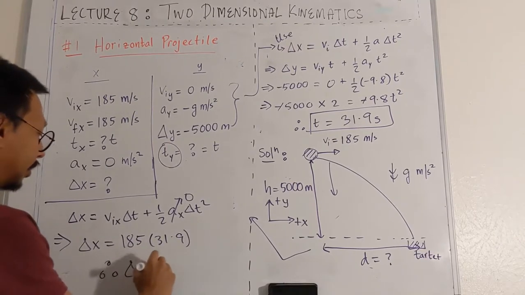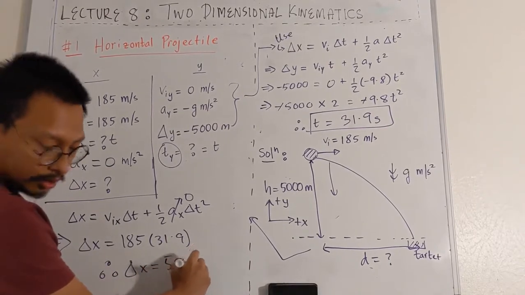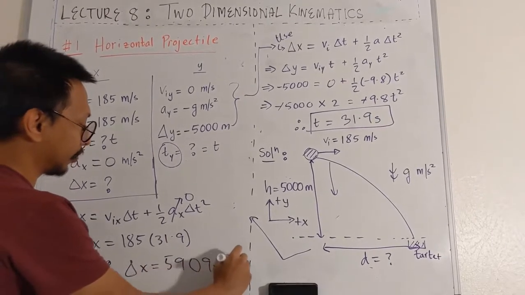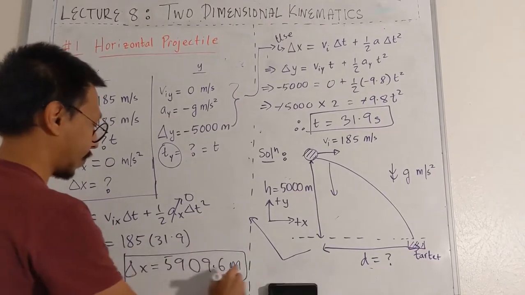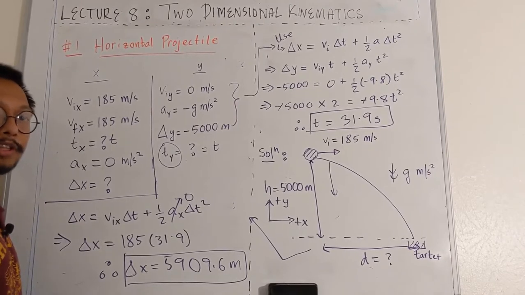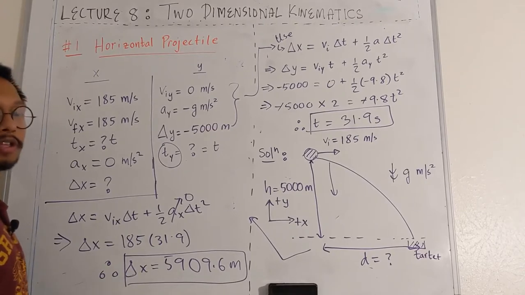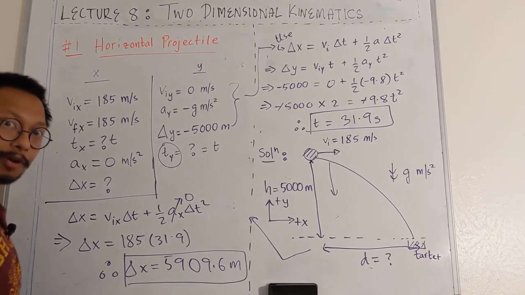Delta x is equal to 5909.6 meters. This is the distance from which, if the parcel is released, it will reach its target. I hope this example has made the concepts of vectors and horizontal projectile motion a lot simpler.